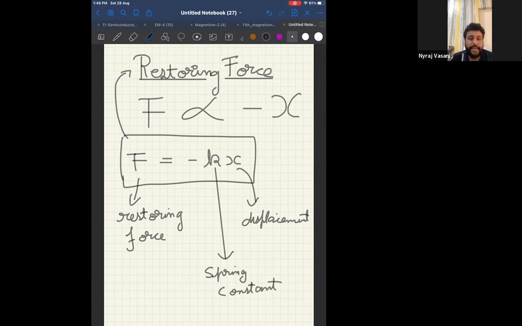Therefore, write down this formula, then I'll explain it in detail. Write down F is equal to minus Kx, where F is your restoring force, K is your spring constant, and X is your displacement.